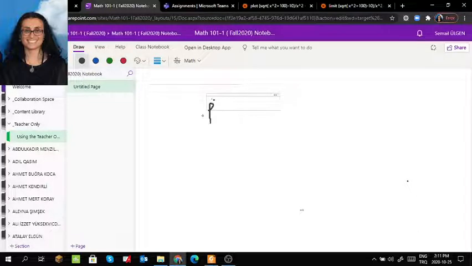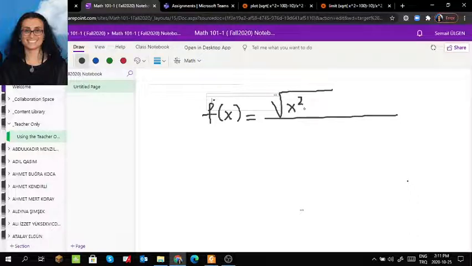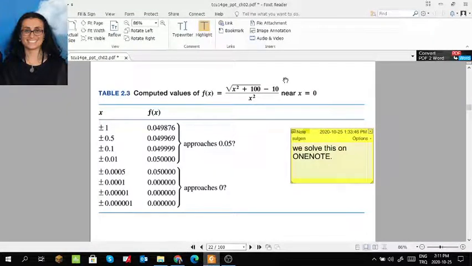So here, f of x is given to be what? The square root of x squared plus 100, minus 10, over x squared, yeah? What's the question? We're going to find the behavior of f near 0.